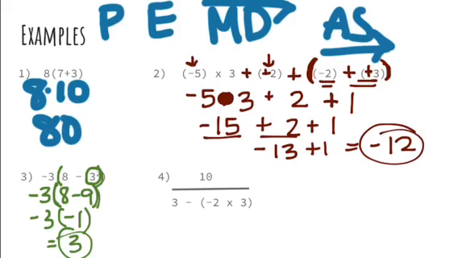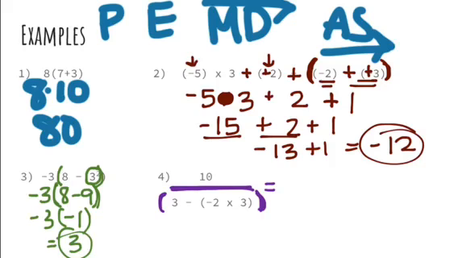Now going on to this last problem, we have 10 over 3 minus the product of negative 2 times 3. This fraction bar is kind of a grouping symbol because it's telling you that you've got to do all of this on the bottom first. So we've got to simplify that first. So we've got 3 minus negative 2 times 3.